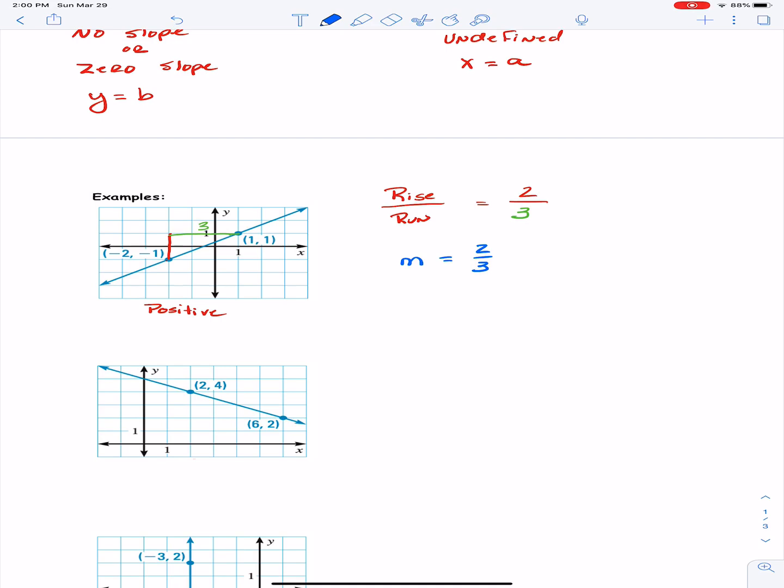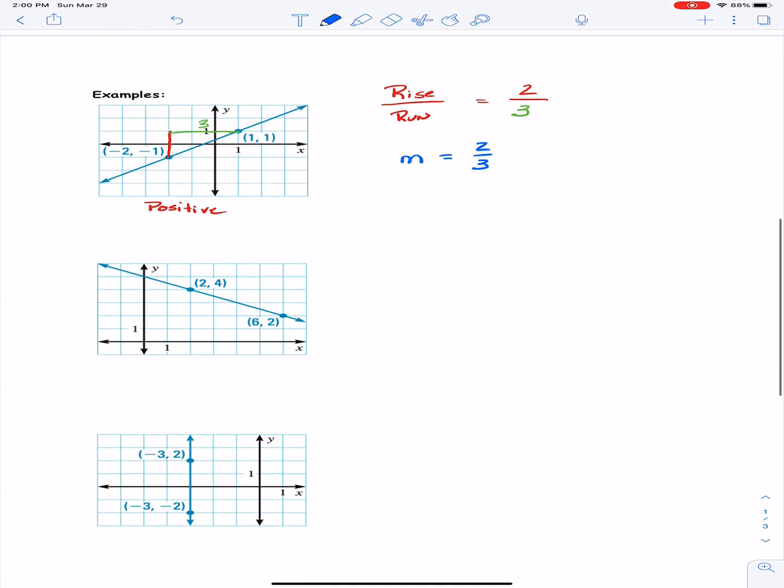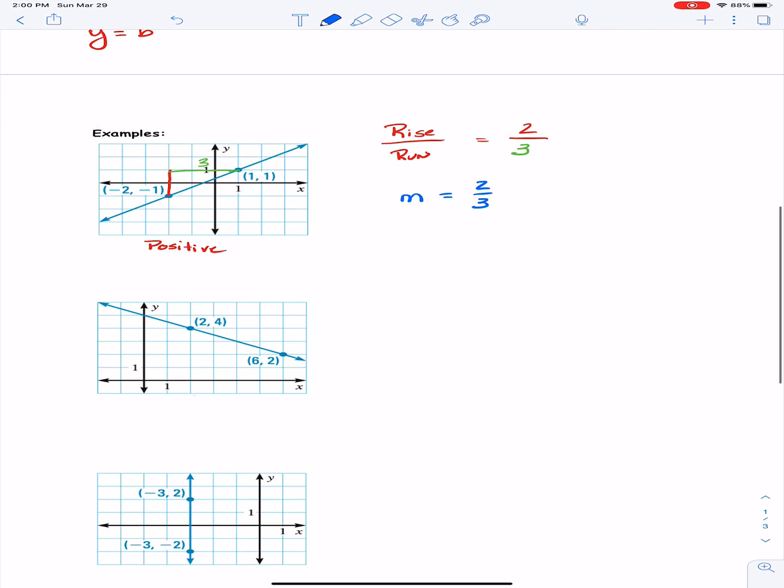Now, let's look at our next graph. Before we go to the next graph, let's do this using the points and the equation. Okay? So our equation was m equals y sub 2 minus y sub 1, or the delta of the y's, over x sub 2 minus x sub 1.